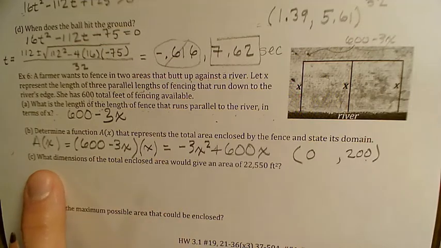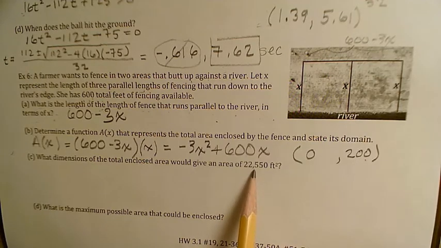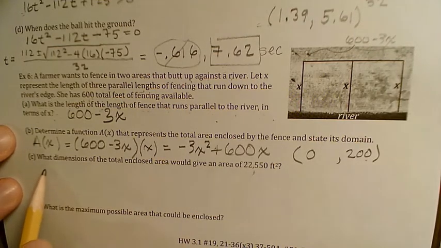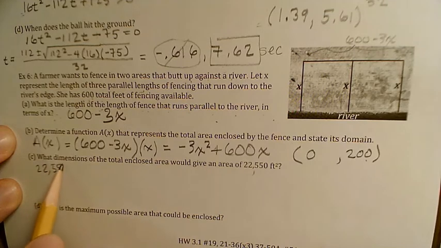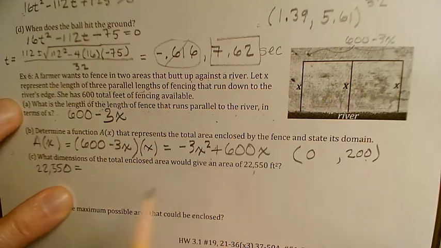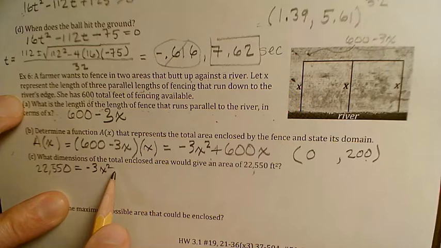All right, part C. What dimensions of the total enclosed area would give us an area of 22,550 square feet? So the area, 22,550 square feet, is equal to the equation, negative 3x squared plus 600x.